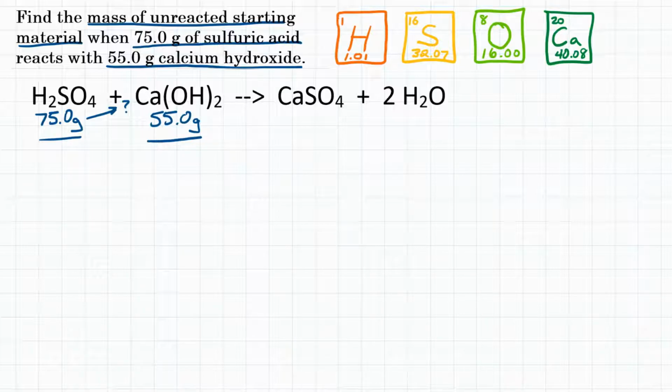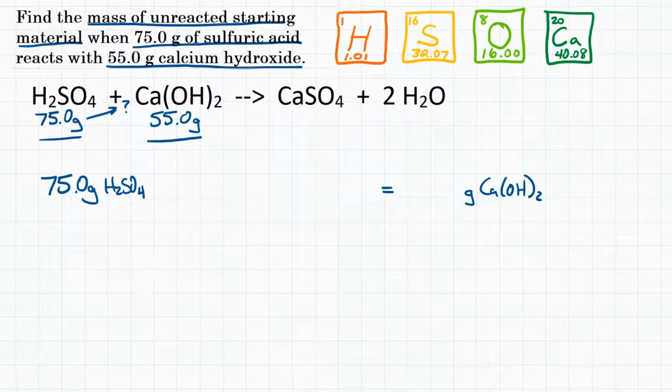Okay, so let's do the stoichiometry. We're going to start with 75.0 grams of H2SO4, and calculate how many grams of Ca(OH)2 would react with it.